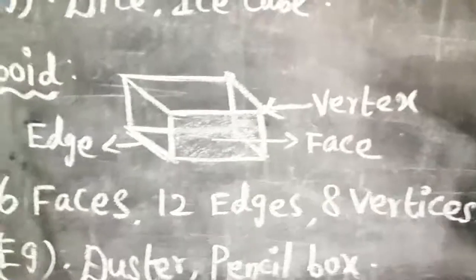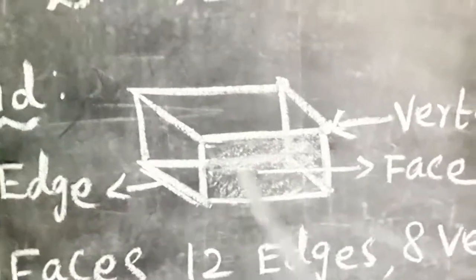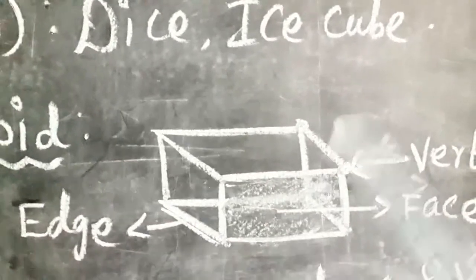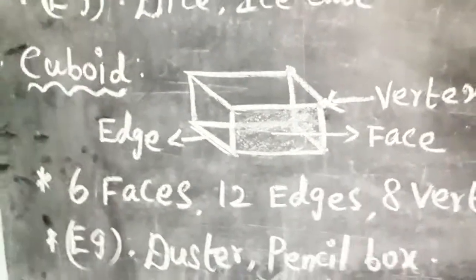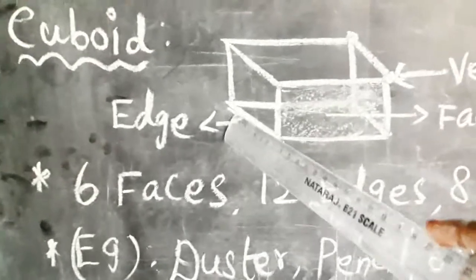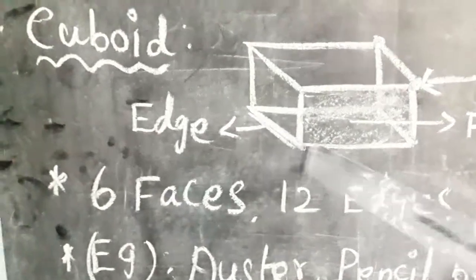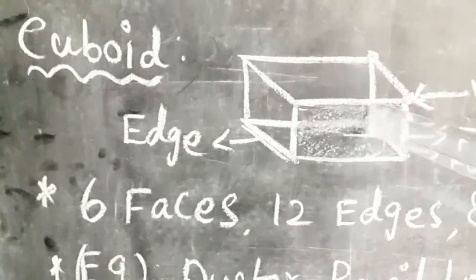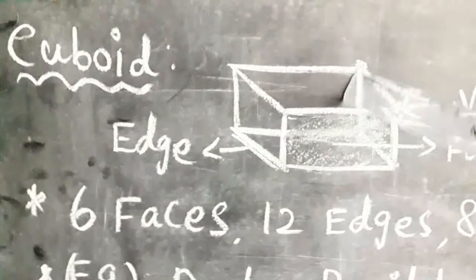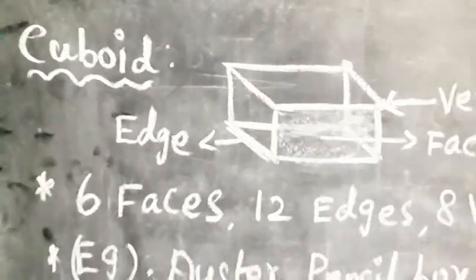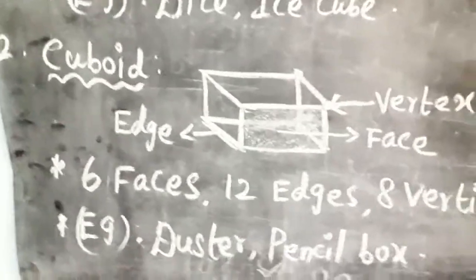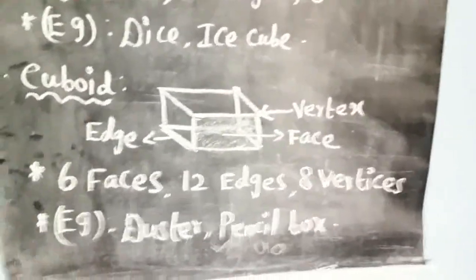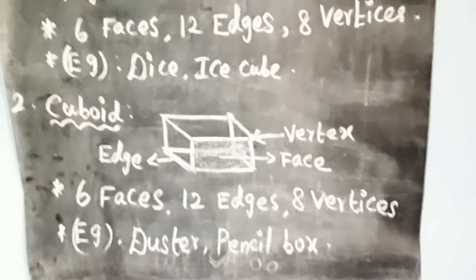So 8 vertices. Faces are the same: 1, 2, 3, 4, 5, 6, so 6 faces. Then edges: 1, 2, 3, 4, 5, 6, 7, 8, 9, 10, 11, 12. Yes, 12 edges. For example, duster and pencil box are cuboid shapes.